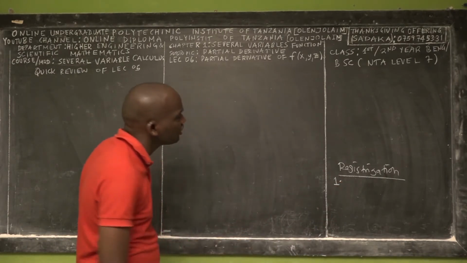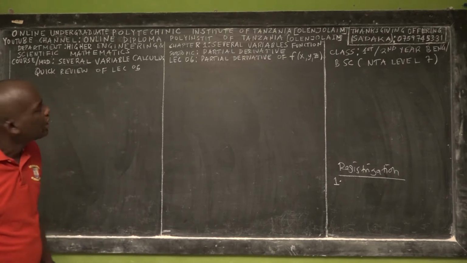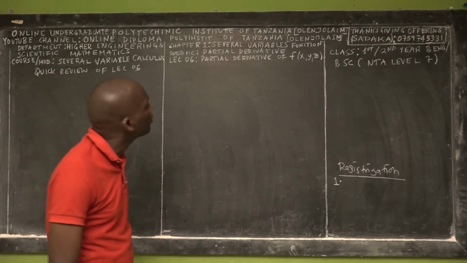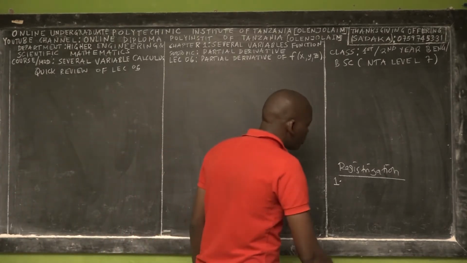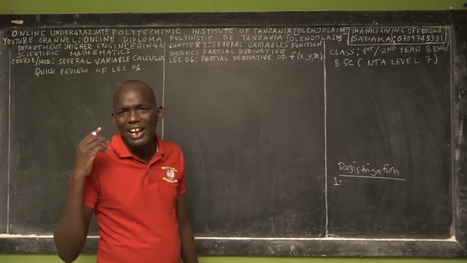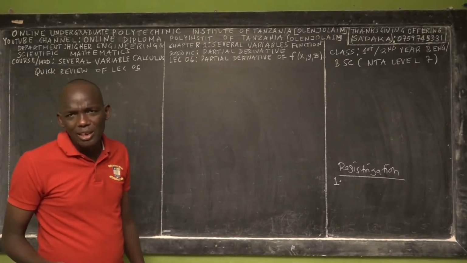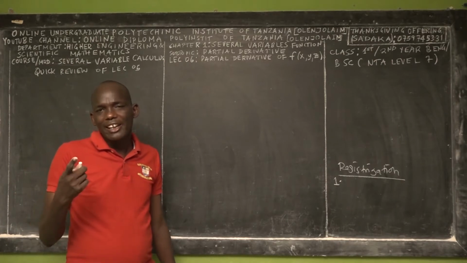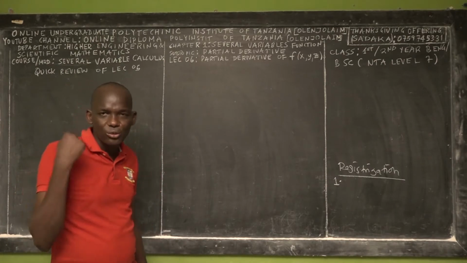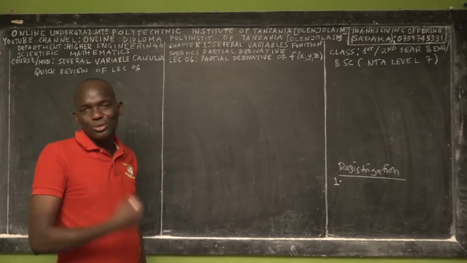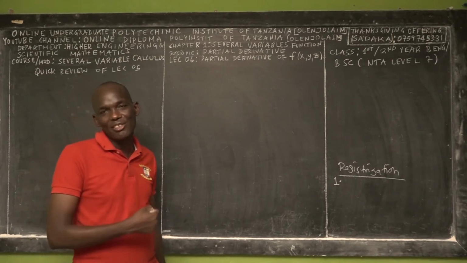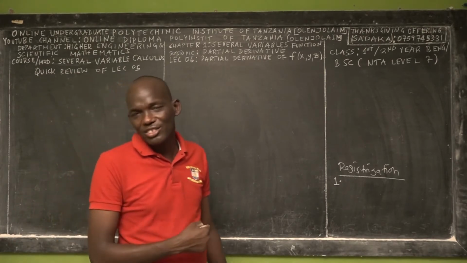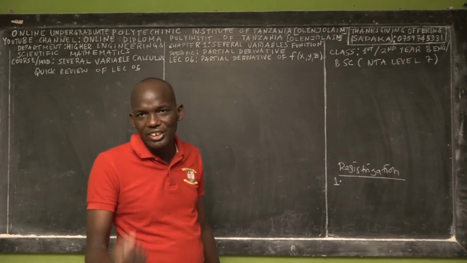So how can you register yourself in the Online Undergraduate Polytechnic Institute of Tanzania, OLENJOLAIM? Here we just do one lifetime registration, a permanent registration. You should not register every semester. We don't have semester registrations or yearly registrations.